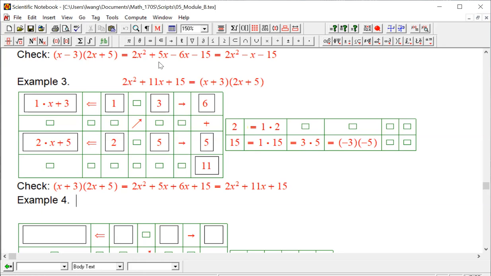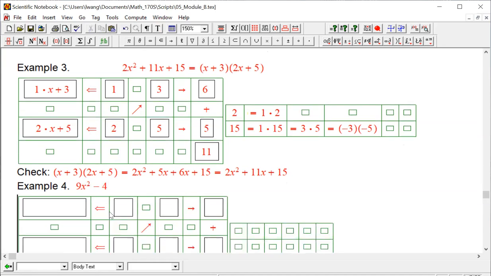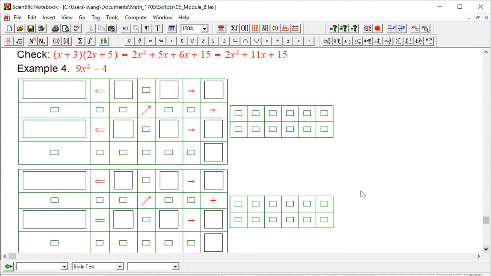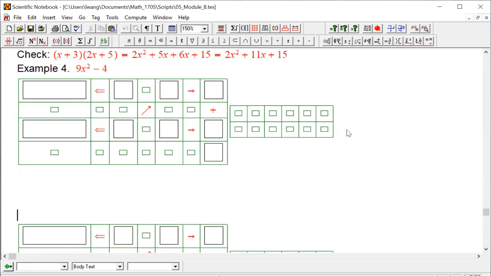Okay, suppose we have 9x squared minus 4. Of course you can use the special formula here, but I'm going to show you that you can also do it without the special formula.